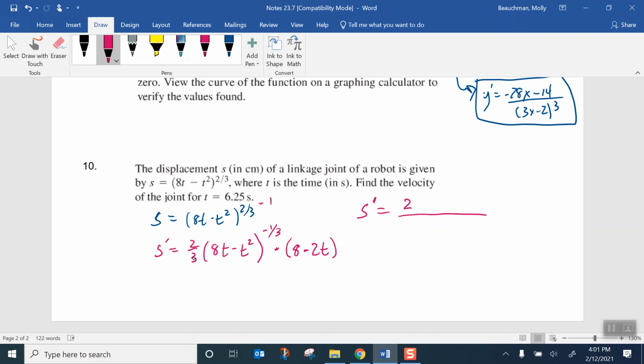Things that go in the denominator are the 3. We have (8t minus t squared) to the power of negative 1/3. So that means that goes on the denominator as a cube root or to the power of 1/3, however you want to write it. And then in the numerator is the 8 minus 2t. So now that I've got it in a way that I can put it in the calculator, let t equal 6.25.